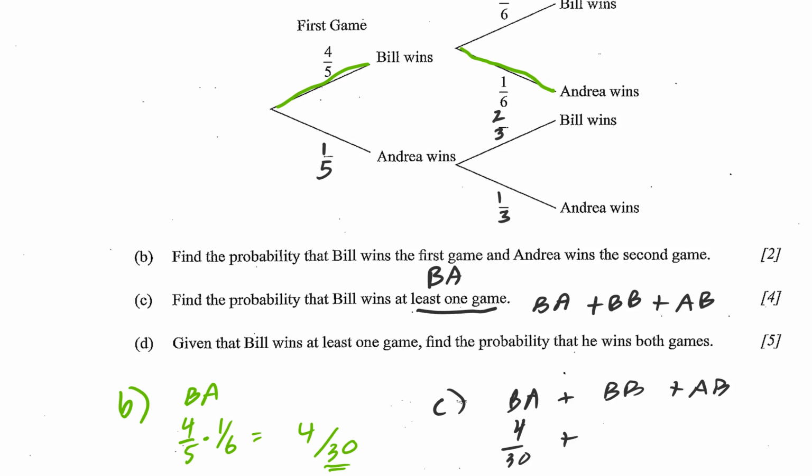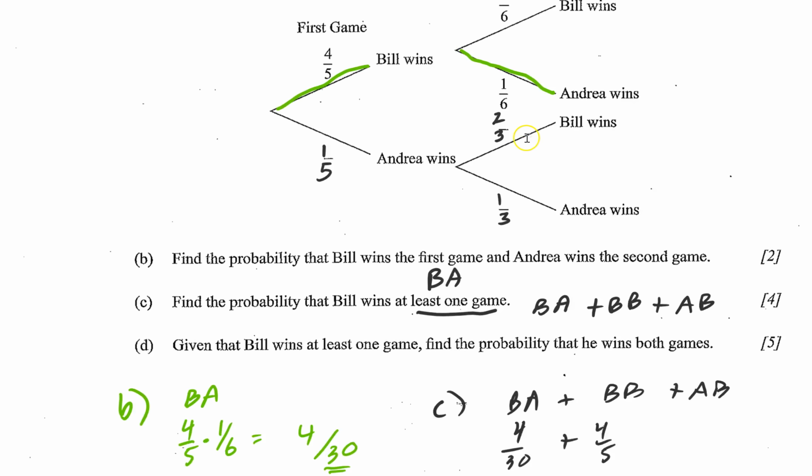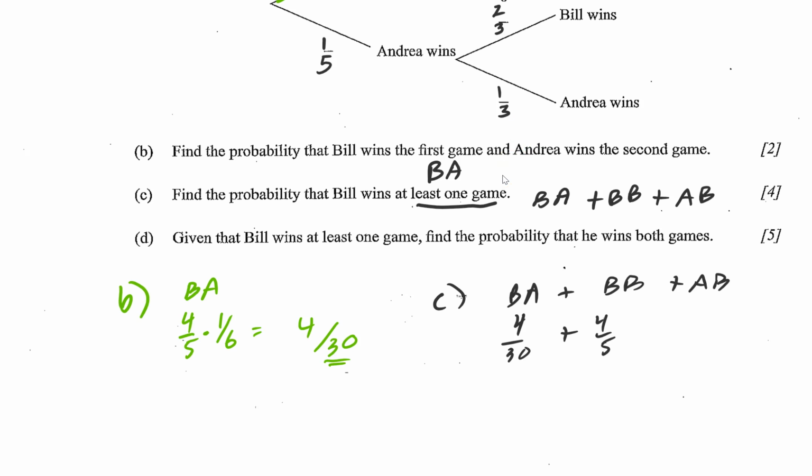So Bill wins both of them would be 4/5 times 5/6. Andrea winning the first game is right here, 1/5, and then Bill winning the second game is 2/3. I got messed up my fractions. So 4/30 plus 20/30 plus 2/15.